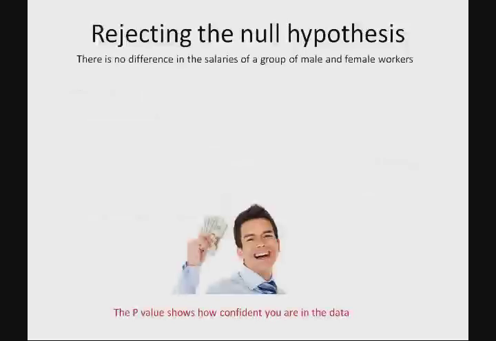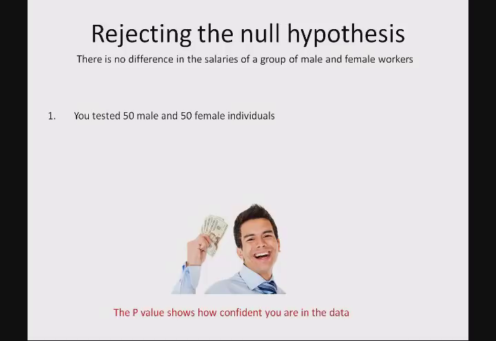So let's think about using stats to reject the null hypothesis, using significance testing to reject the null hypothesis. In this case we're looking at male and female salaries, and we're saying that there is no difference in the salaries of a group of male and female workers. So first of all, we test 50 male and 50 female individuals.